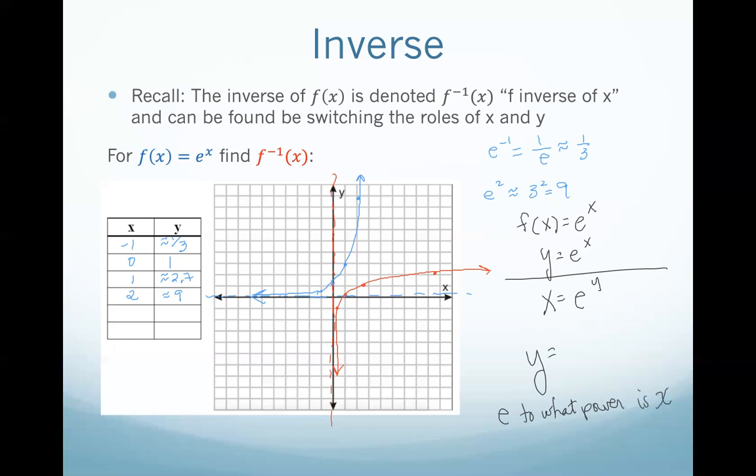That's the question that we want to ask. And so we use this new notation called a logarithm, L-O-G, to represent logarithm. So logarithm base e of x. So this says e to what power is x? And that's what a logarithm is. We had no way of isolating the exponent before, so we now have a new function that you may not have seen before.